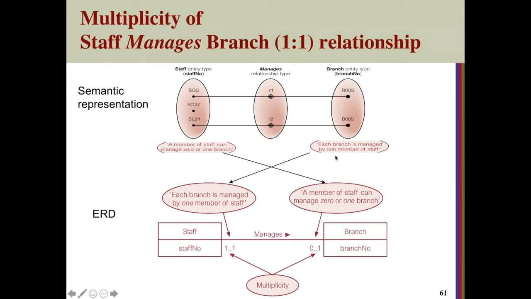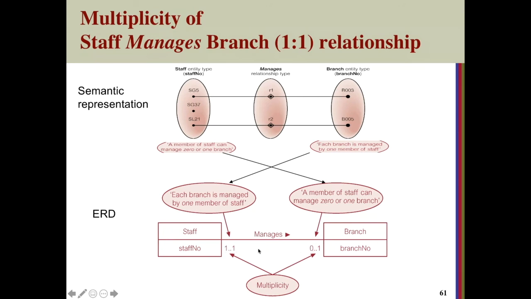So once again, the description which is written on the right goes to the left, and the description written on the left goes to the right. Then it is converted to numbers. These 2 numbers are called multiplicity. So multiplicity is 1 to 1, and from here 0 and 1. Together, these 2 numbers are called multiplicity.